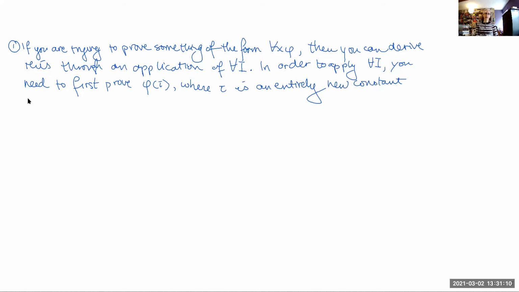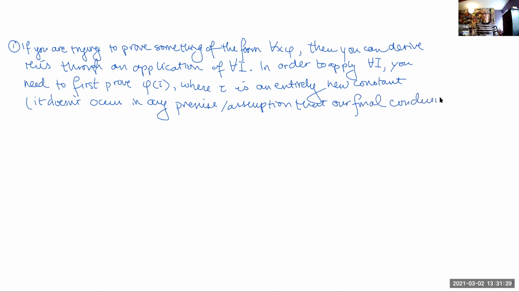And what we mean by this is that it doesn't occur in any premise or assumption that our final conclusion will depend on. If you pick some new constant that doesn't already occur in your proof, then try to get to phi of that constant, then you know that you will meet all of the provisos necessary for being able to apply the universal introduction rule.